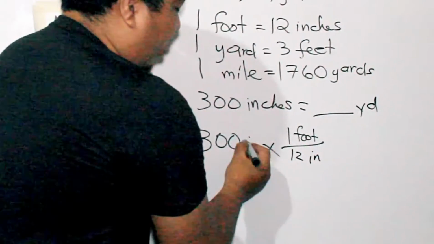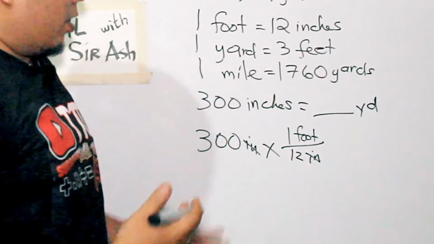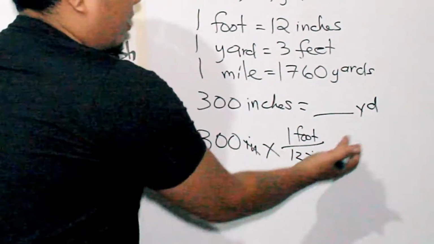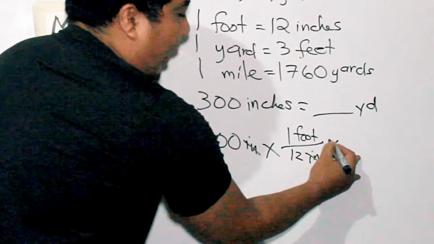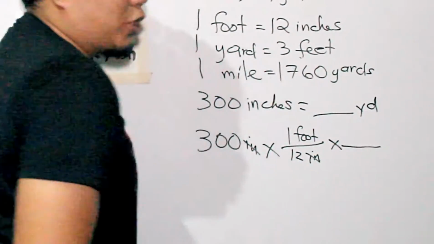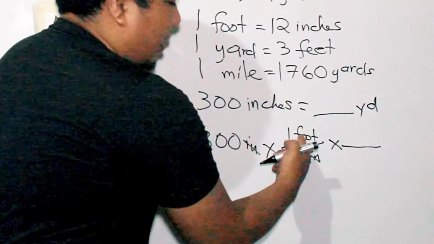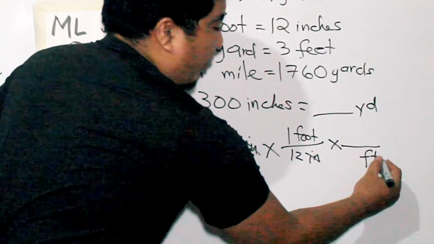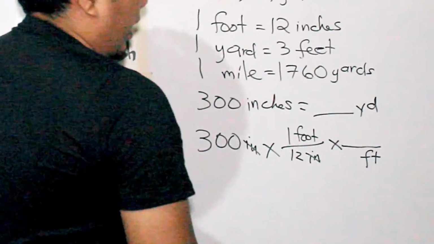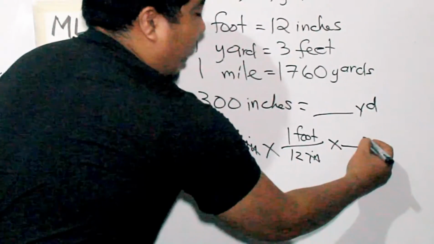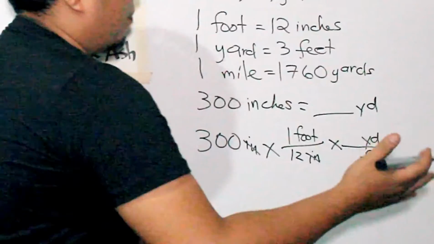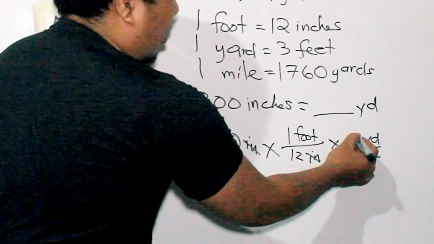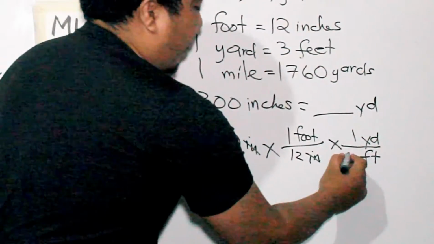And then that will be cancelled, right? But your end result is foot, not yard. So you will multiply again by a conversion ratio, with the foot, or feet, in the denominator, and the yard in the numerator. So 1 yard is 3 feet.